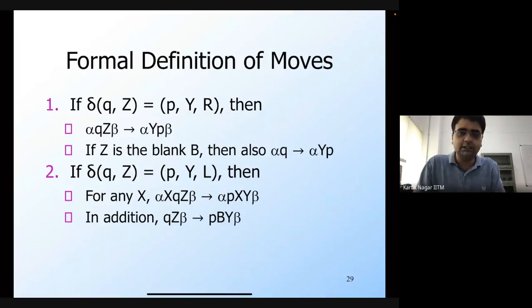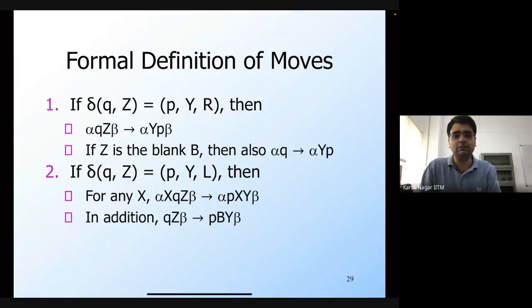And then there is also a read head, which points to a particular square on the tape. In every step, the Turing machine consults its state and reads whatever is under the read head, and depending upon the state and the symbol under the read head, it makes a move. In every move, it changes the state, potentially to the same state as it was.